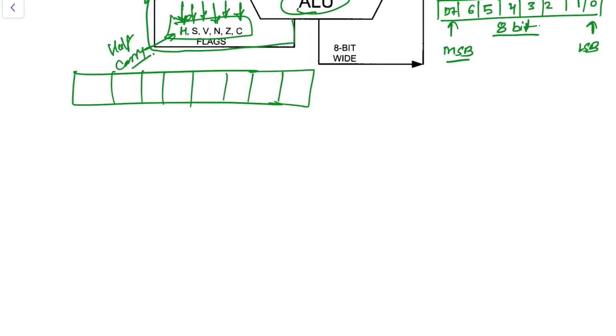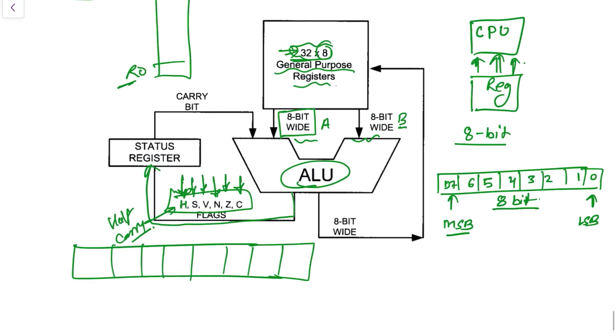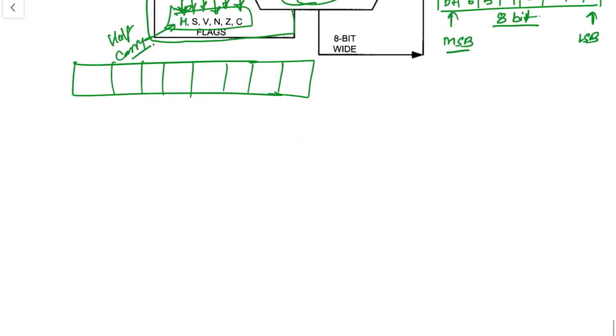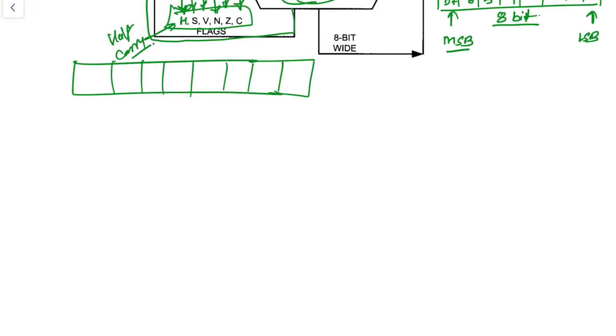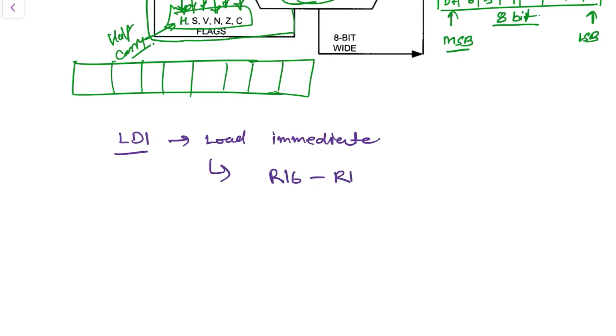Great. Now we are going to understand the ALU and register operation with an example, an instruction which is LDI, that means load immediate. The load immediate can only be applied to R16 to R31.